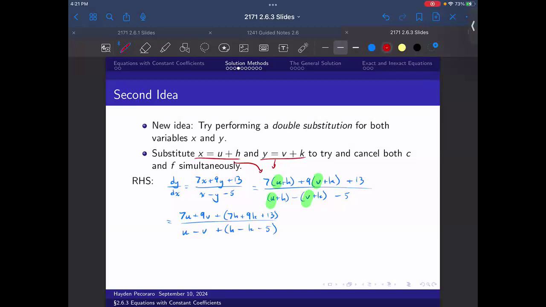Now I want each of these constants equal to 0 for the same choice of h and k.